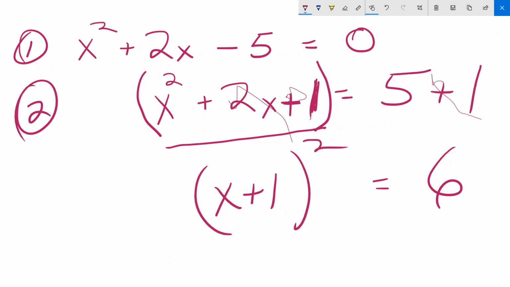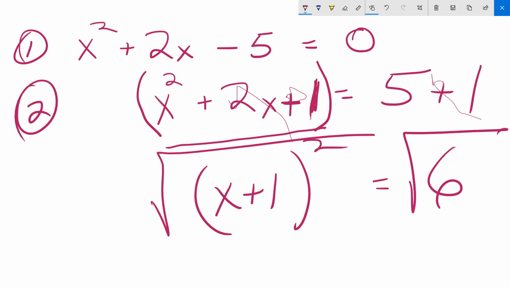So I'm basically going to do this. I'm going to take the square root of the left side, square root of the right side. What do you get when you take the square root of the left side? When you take the square root of something that is being squared, you get something. I don't know. So what's the left side?